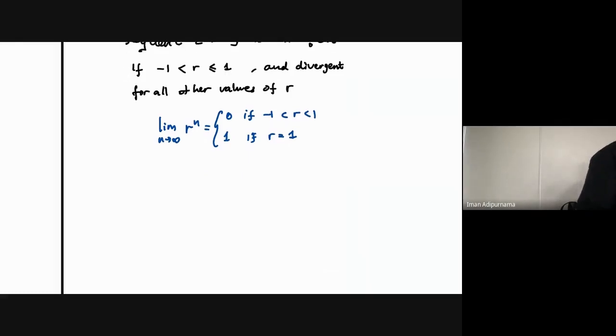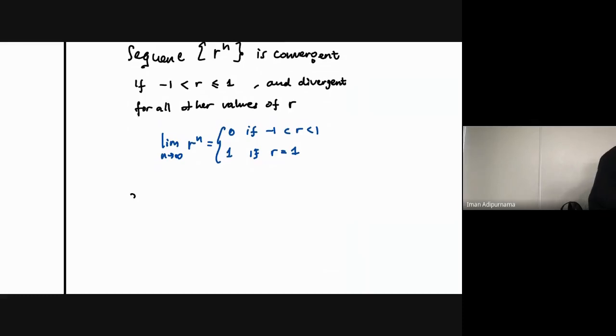Okay. Another topic in sequences is what we call monotonic and bounded sequences. Monotone means it moves, maybe always increasing or always decreasing, and it will be bounded by some value.